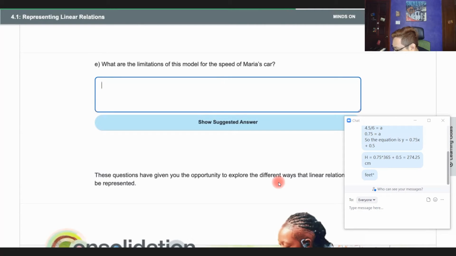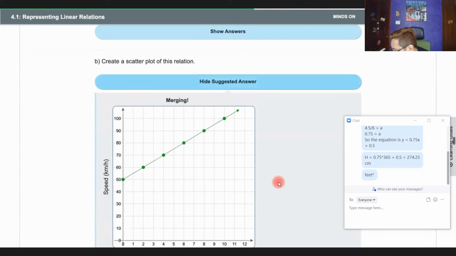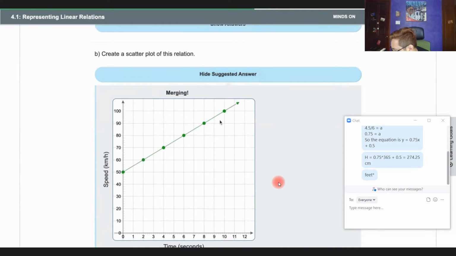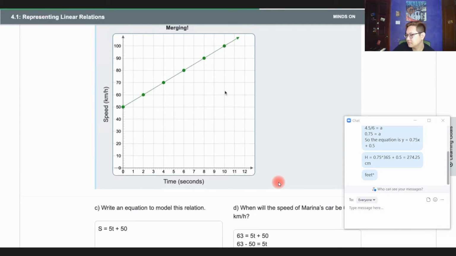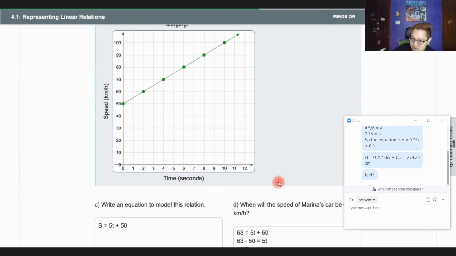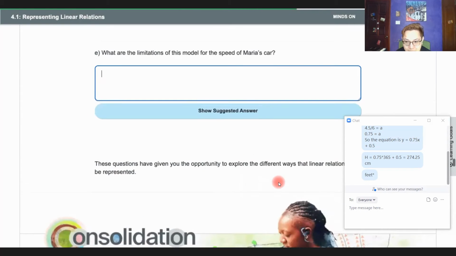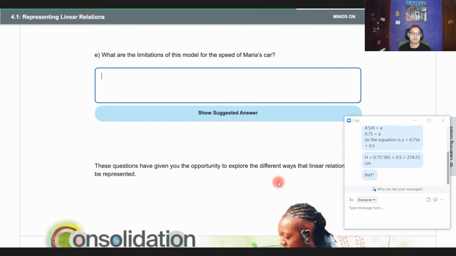What are the limitations of this model for the speed of Maria's car?